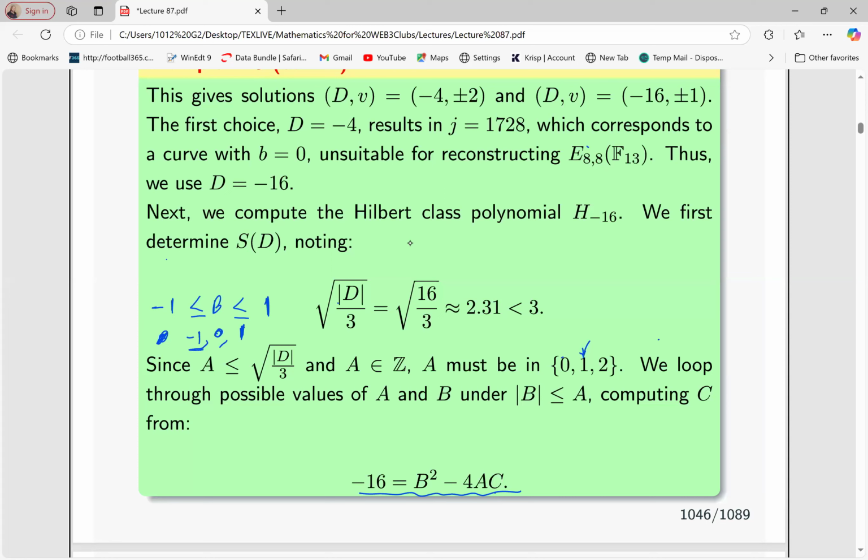I want to see whether if B is negative 1, I can get C. So negative 16 is negative 1 squared, which is 1, minus 4, and A is 1, multiplied by C. This one coming this side, I would have negative 17 is negative 4C, which means 4C is 17, or C is 17 over 4. 17 over 4 is not an integer. So that means B cannot be negative 1.